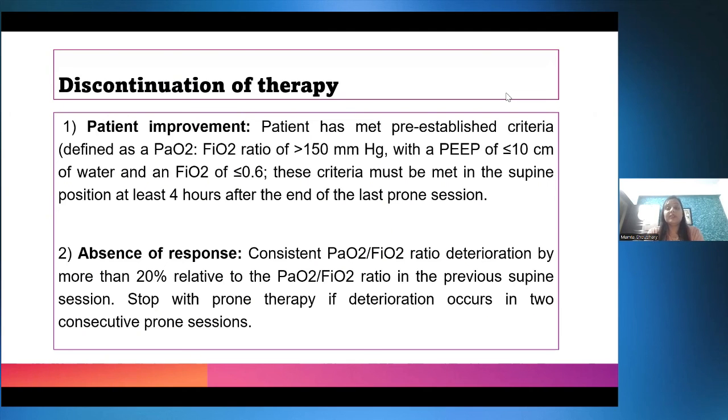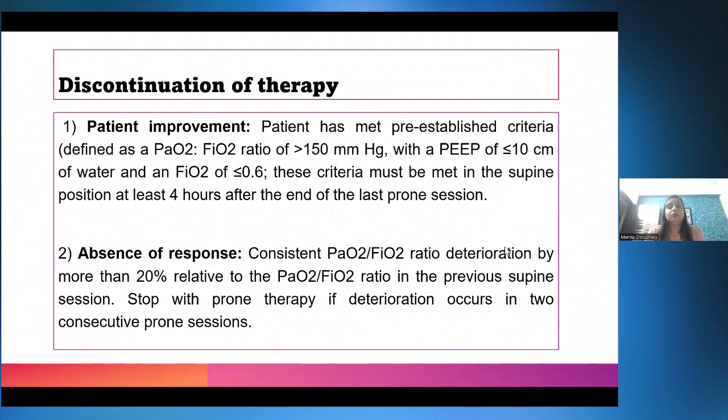Or if the patient has absence of response, that is, the partial pressure of oxygen to FiO2 ratio deteriorating by more than 20% relative to the PaO2/FiO2 ratio in the previous supine session, stop the prone therapy if deterioration occurs in 2 consecutive prone sessions.